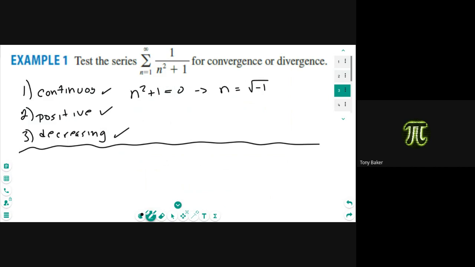So we're going to do the integral test for this one. We're now looking for the integral from 1 to infinity of 1 over x squared plus 1. Somebody look up the integral of 1 over x squared plus 1 or look on your index card, because it's one of the ones that you should either have written down or be able to look up quickly.